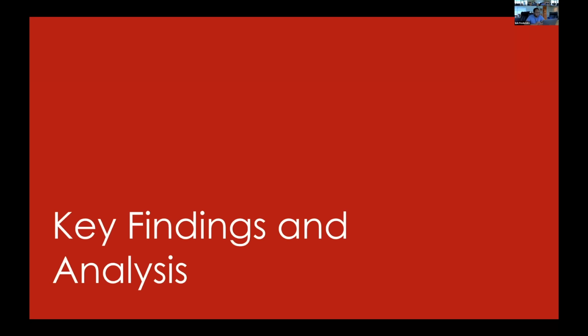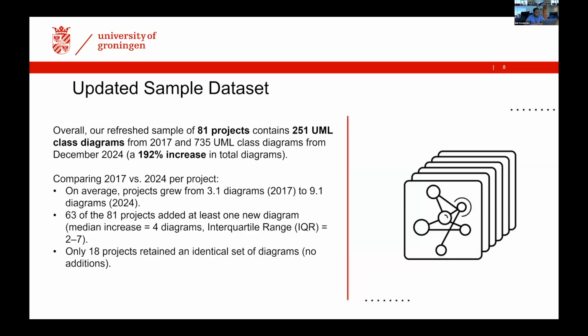So what we gathered was that if we just look at the overall update of this data set, there is a huge increase of diagrams that were included in the same repositories that were part of the 2017 data set. From 2017 to 2024, there was a 192% increase. So generally, we can see that there are a lot more diagrams being added.